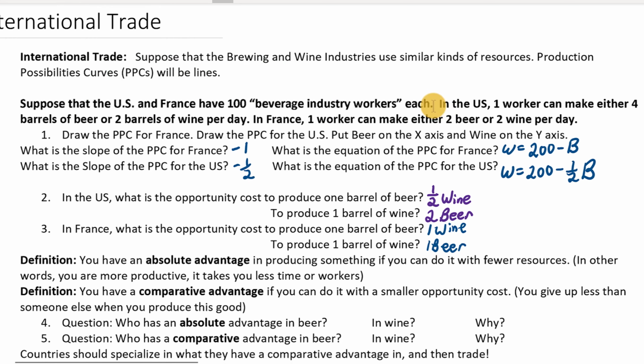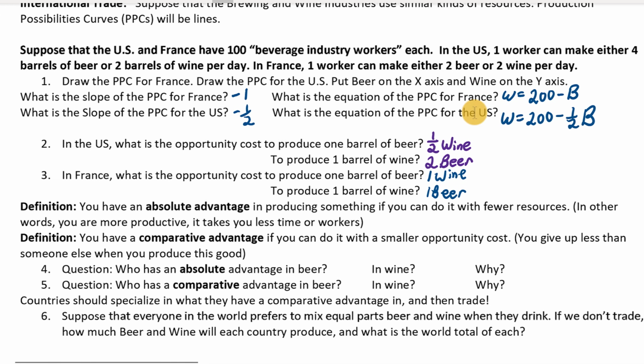In the United States, one worker can make 4 barrels of beer. In France, one worker can make 2 barrels of beer. So which one is better at making beer? Workers in the United States are, so we'd say that the United States has an absolute advantage in making beer.